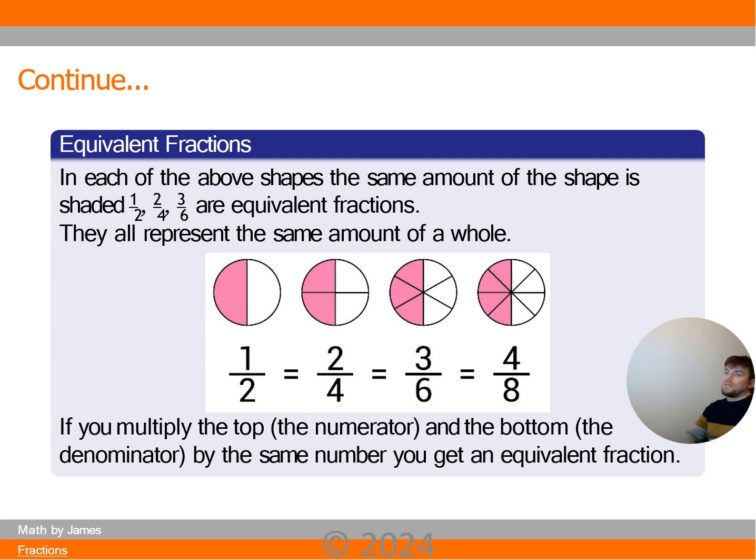So we can multiply these numbers here: 2 times 2 times 2. So we times by 2, 3, and we times by 4 here, or 2 here.